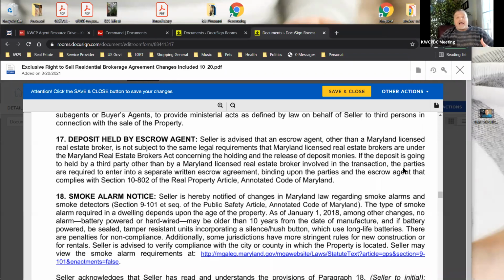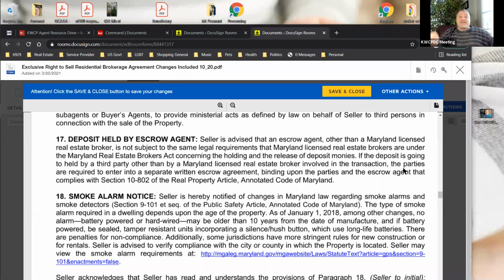Similarly, if you're a buyer's agent and your buyer is supposed to deposit the earnest money within 2 days and they don't, you have an obligation to report that to the other side of the transaction, to the seller's agent, to the listing agent, and to the seller themselves.